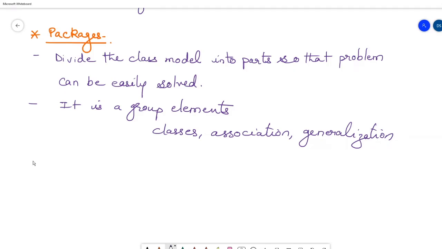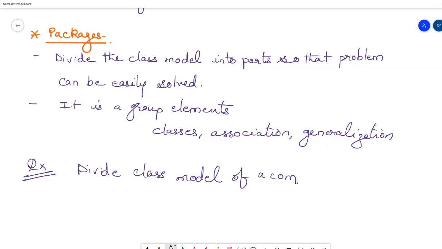I'll take an example so it becomes clear: divide a class model so that a problem can be easily solved, into packages.